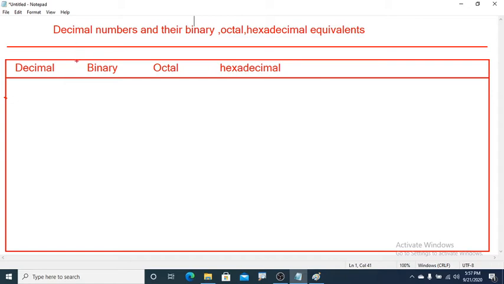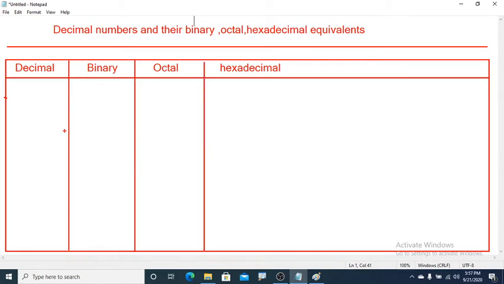In this, the first one is decimal. So I will write the decimal numbers 0, 1, 2, 3, 4, 5, 6, 7, 8, 9, 10, 11, 12, 13, 14, 15, up to 15.